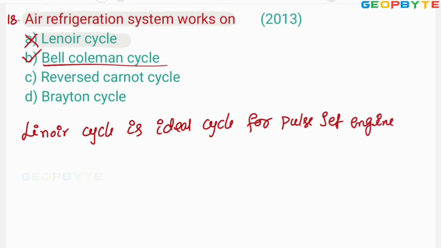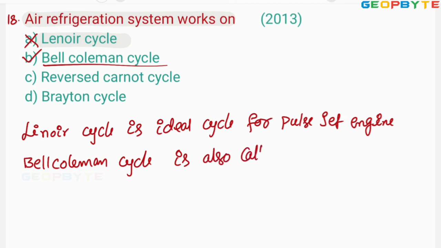Pulse jet engine is a kind of jet propulsion system. Bell-Coleman cycle is also called reversed Brayton cycle.